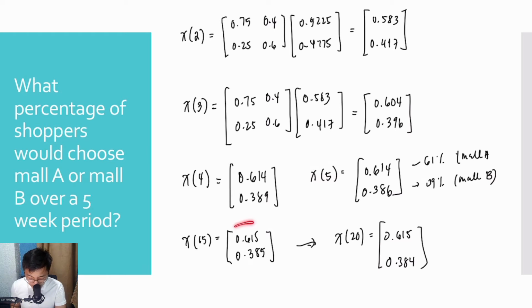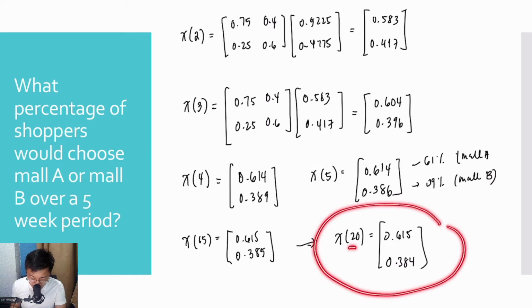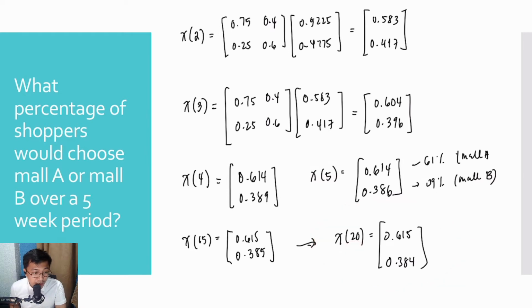The value for x sub 1 stabilizes to 0.615, and the value for x sub 2 stabilizes to 0.384. So it means that as our t becomes larger, we see a pattern that it stabilizes. We will discuss that further later. Okay?